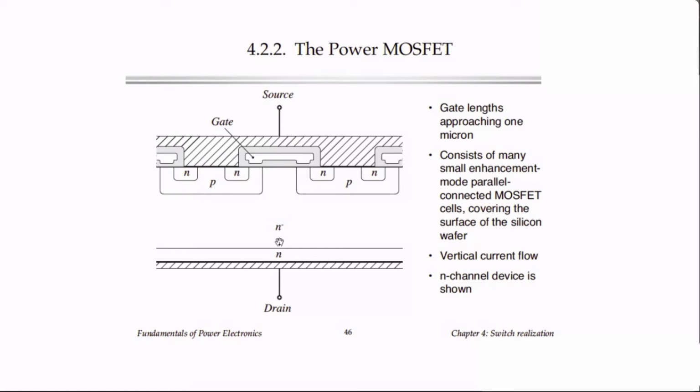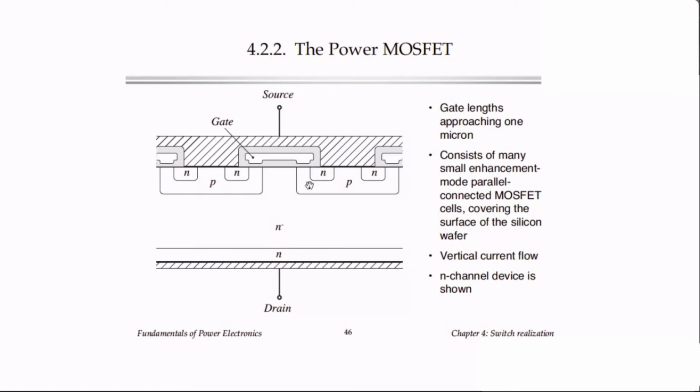We also have the super MOS structure, a relatively recent improvement that reduces the on resistance of high voltage devices. And so we have some very good 600 volt MOSFETs built with the super MOS structure.